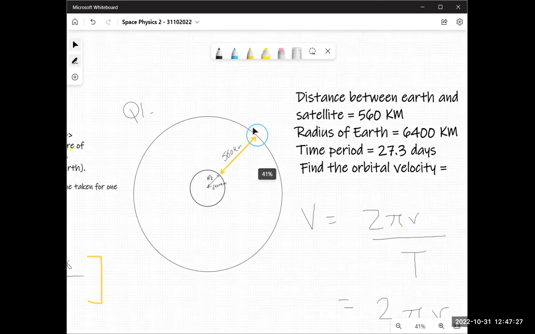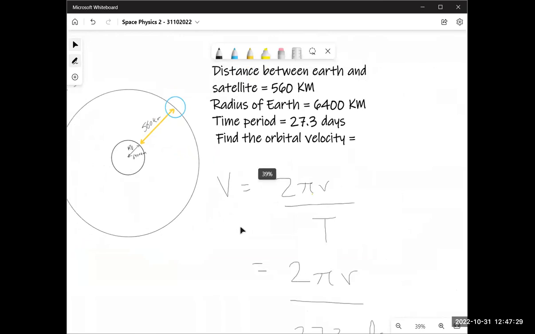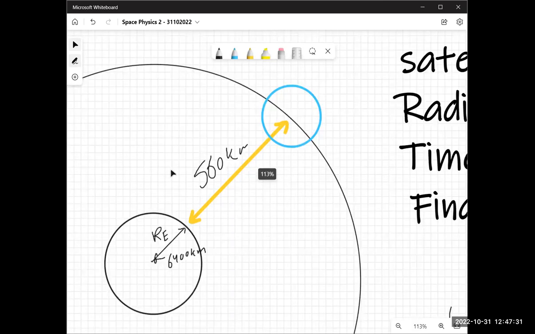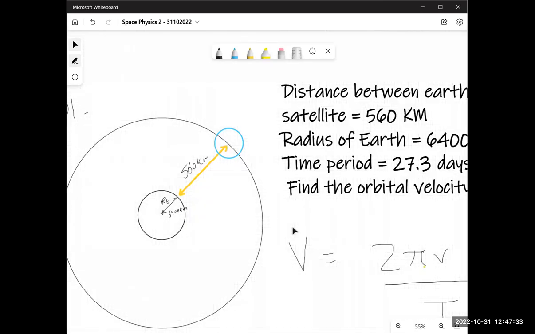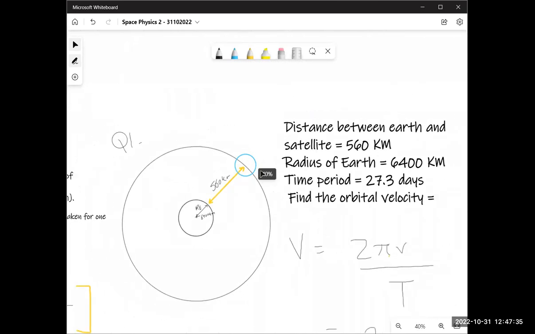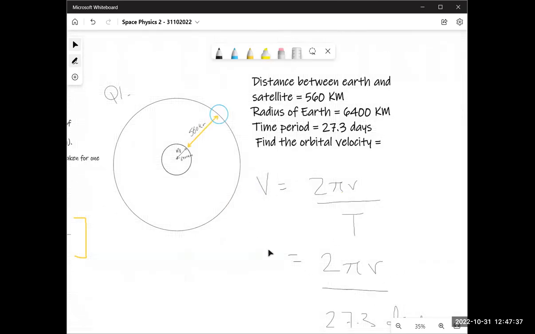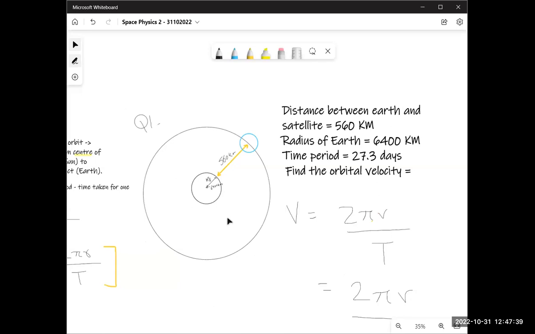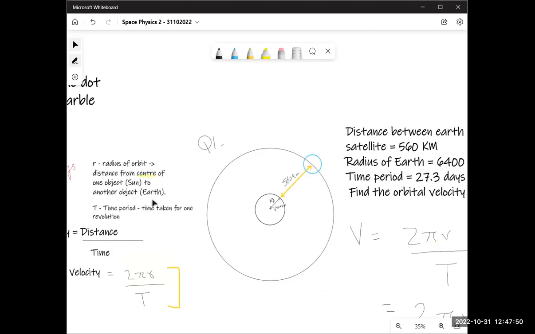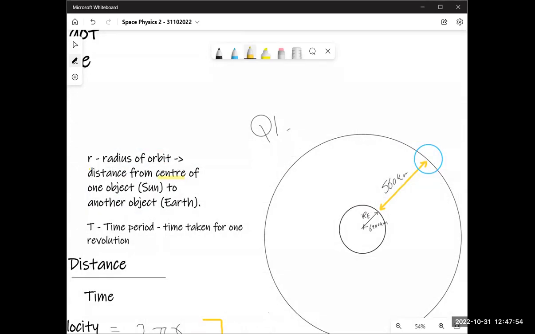Our job is to find R. Now, Ritika, what do you think R is in this case? Or how do we find R for our orbit? Amina, can you hear me? Yeah, I can. All right. Now, what is the radius of an orbit? Read the definition.